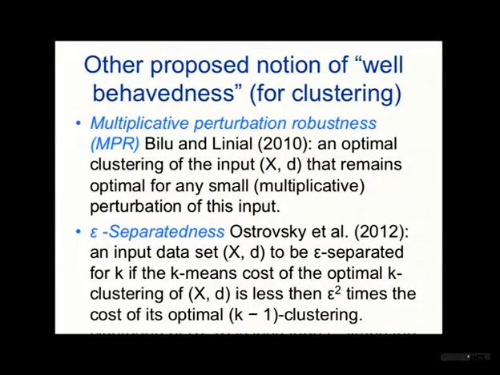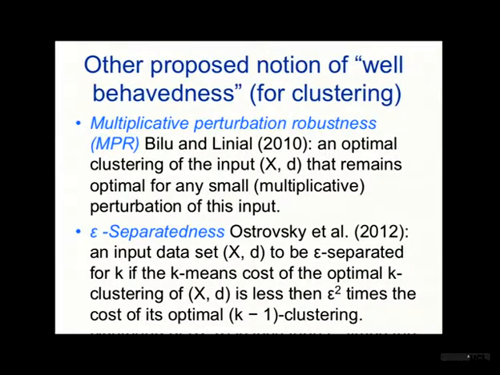And it's even more acute if my clusters look like this. Now, a 3 solution will have this cost. A 4 solution will only have a cost which is relative to the radius of those blue balls. So they say data is epsilon separated, or epsilon clusterable, if the k-means solution is epsilon squared better than the k minus 1 optimal solution.